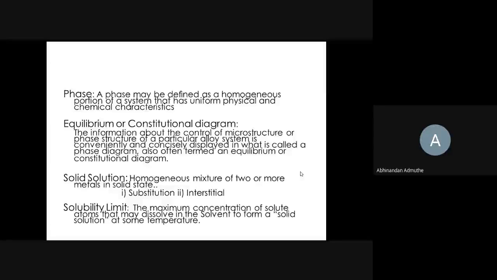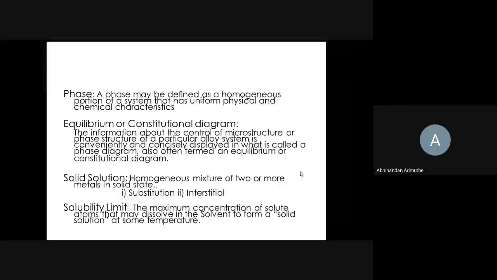Try to understand, it is equilibrium structure. The phases which are in equilibrium can be seen in an equilibrium diagram. The phases which are not in equilibrium, you will not see in a constitutional or equilibrium diagram.